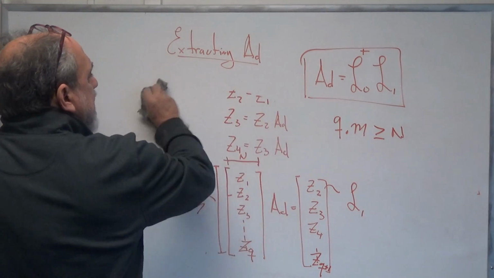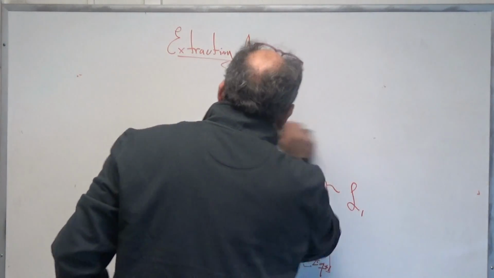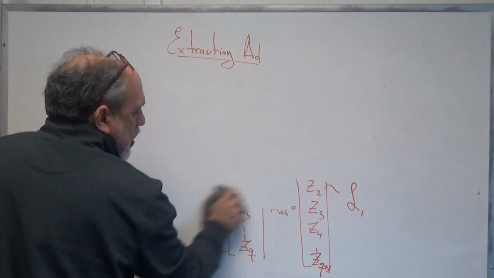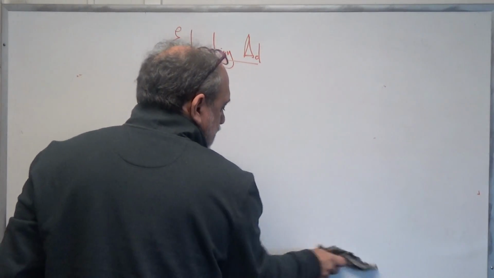Another way to extract the A is, of course, as you may imagine already, using the controllability block, right? And using a similar argument.